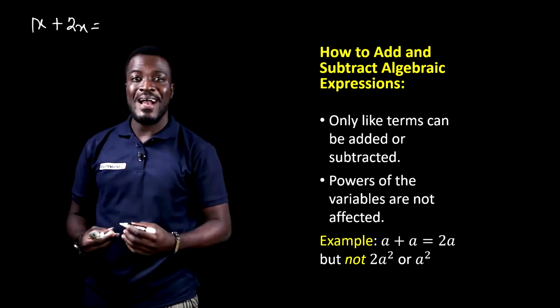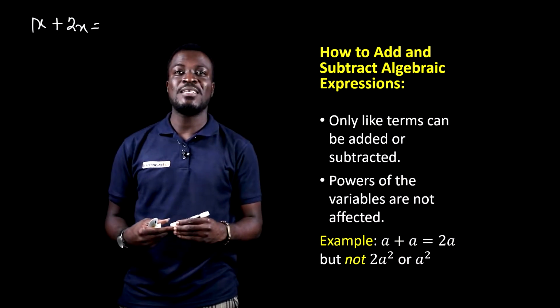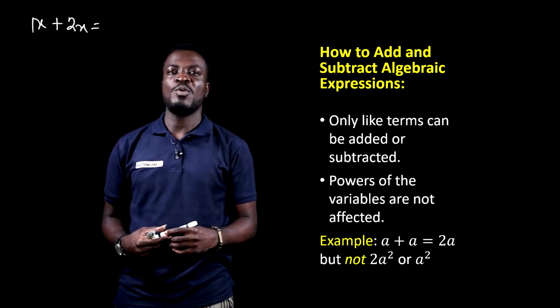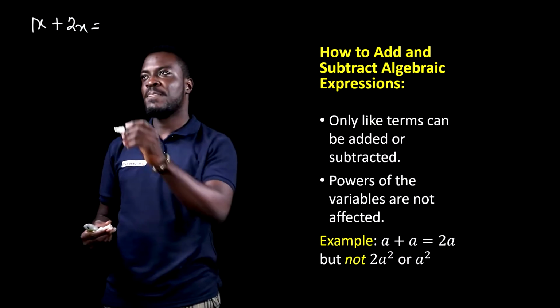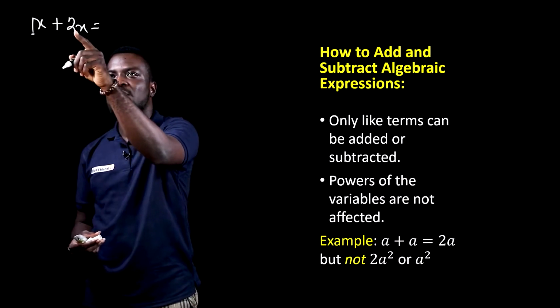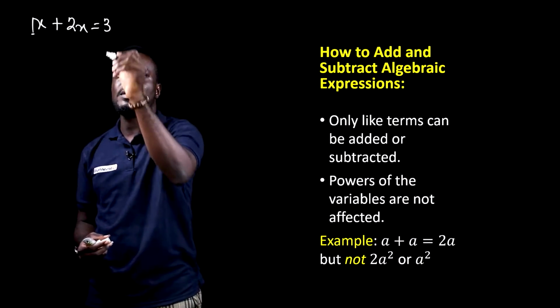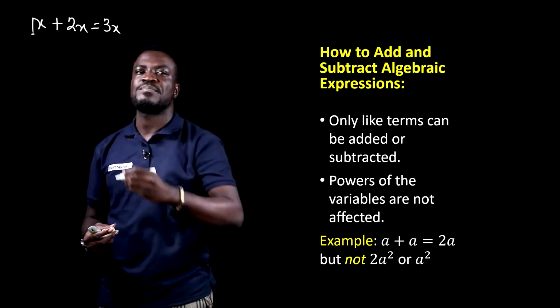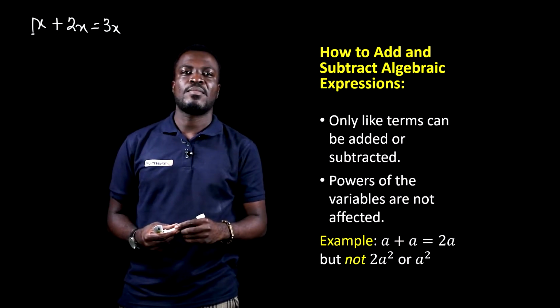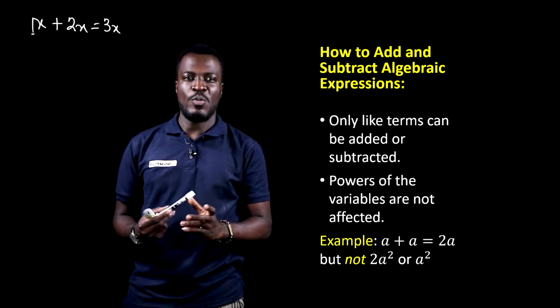Now, when adding like terms, or when adding algebraic expressions, we only concentrate on the coefficients. So this is 1 plus 2 will give us what? 3. And then we write one of the variables. I hope you understand.